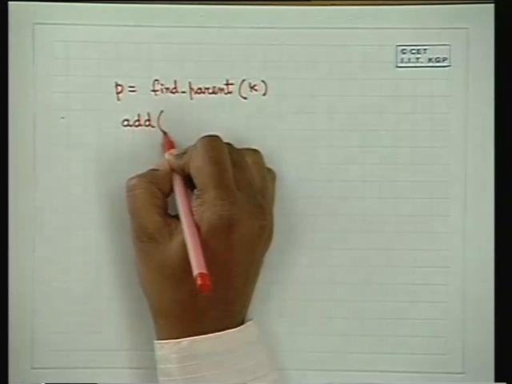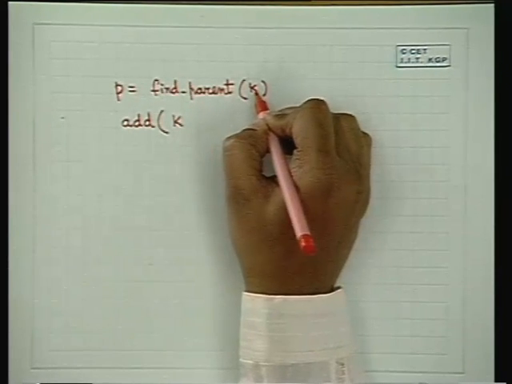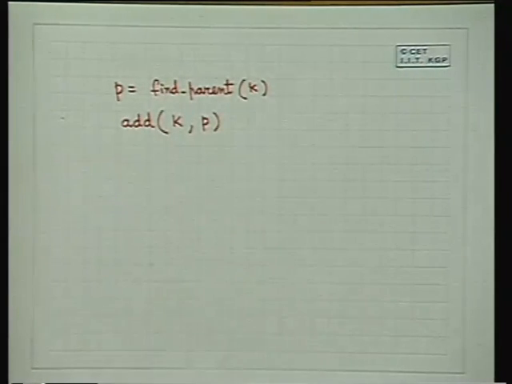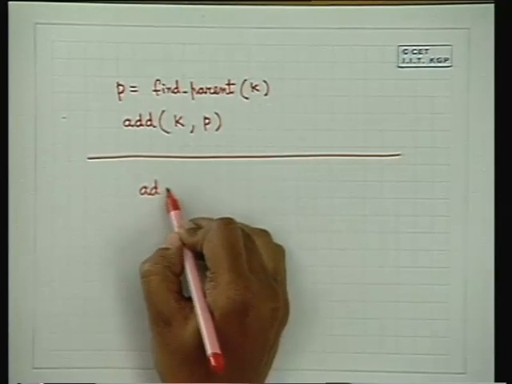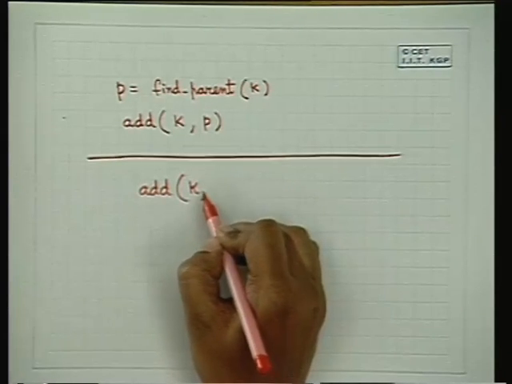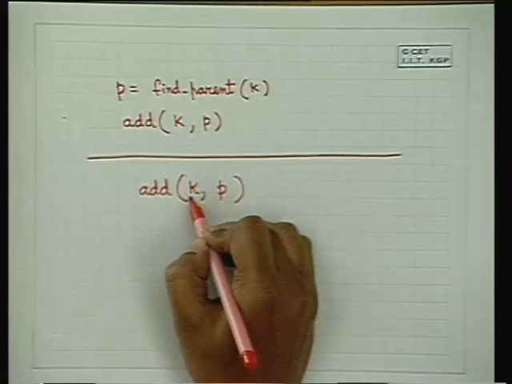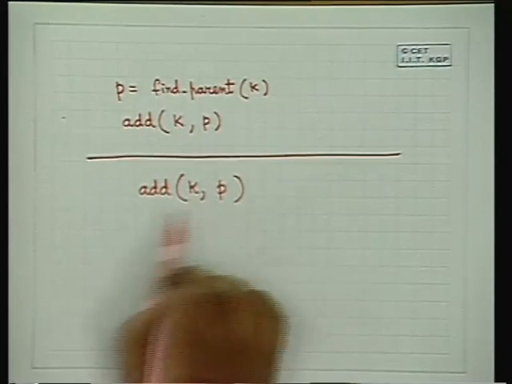Then you will write add this k, which is a pointer to this node, to parent P. This is what you will do. Now come to the add routine, which adds into P, which is a pointer to a node, another node. Let us assume these are 2 pointers, okay, and you are trying to add.